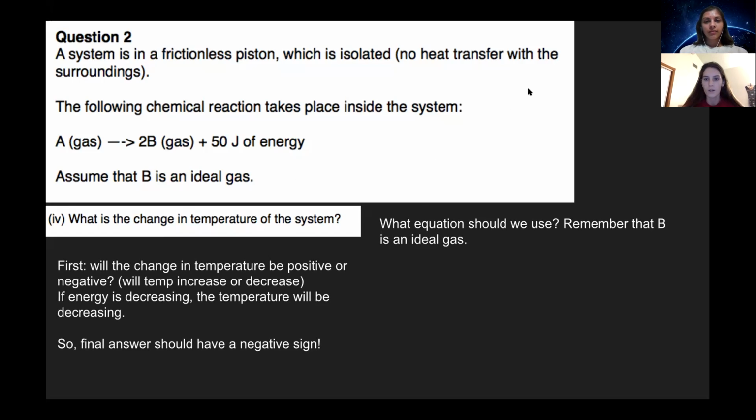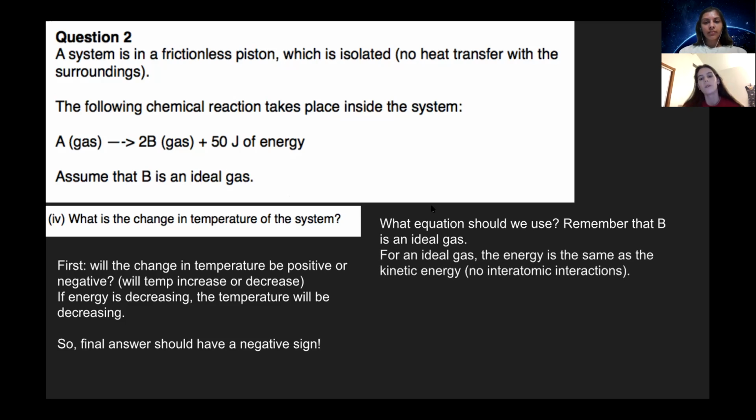And then what equation should we use? We need to remember that B is an ideal gas, and that's all that will be left in the system. So we can use ideal gas laws to figure this out. For an ideal gas, the total energy is going to be the same as the kinetic energy because there are no interatomic interactions.